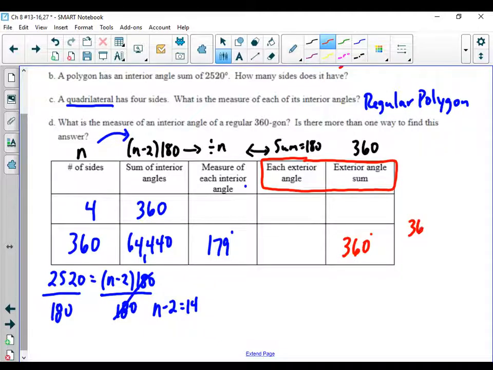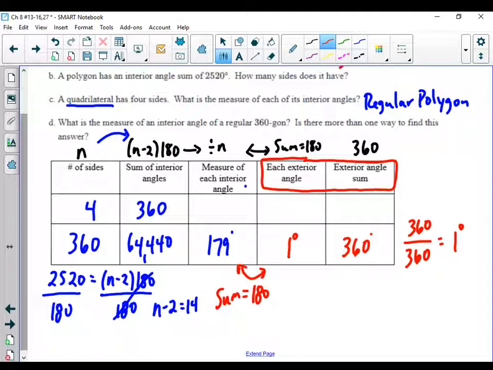I should be able to take 360 divided by 360, and that would tell me how many degrees each exterior angle is. So each exterior angle had 1 degree. Then we know the interior angle and the exterior angle have to add up to 180. So if the exterior angle is 1, that means the interior angle should have been 179.